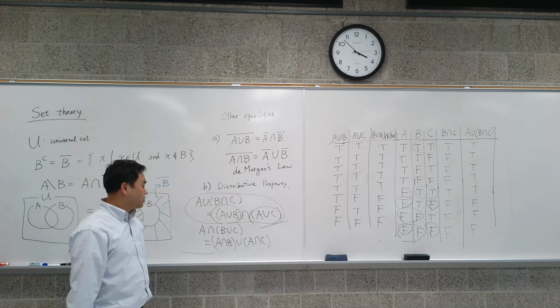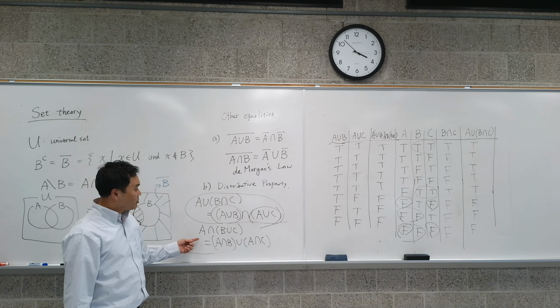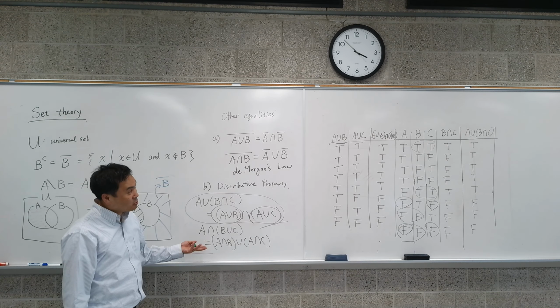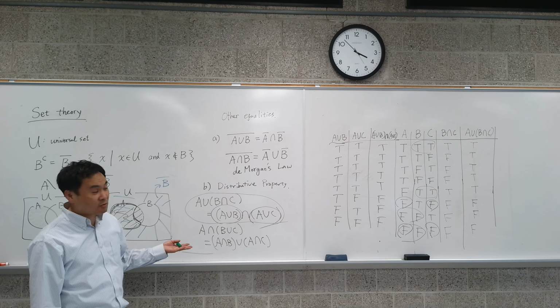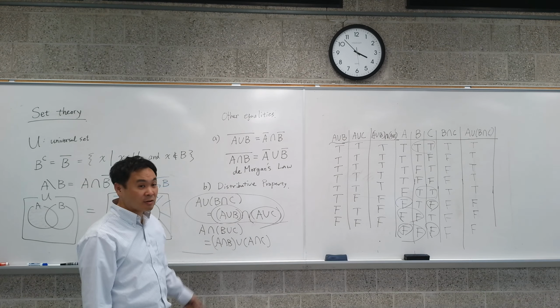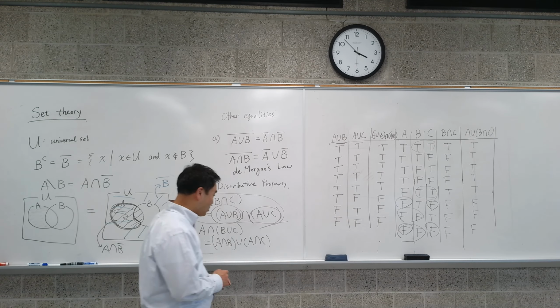So on an exam, you might be given questions like, show that these two are the same sets. How can you show it? Well, one way is to show it by Venn diagram, or you can make this gigantic table to show that they have the same members.